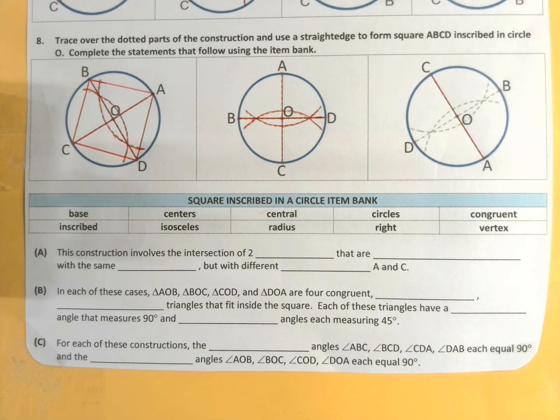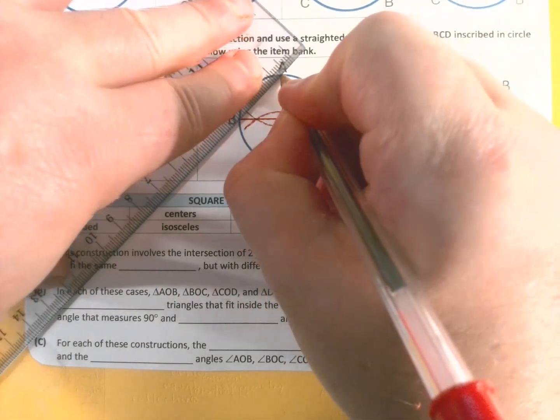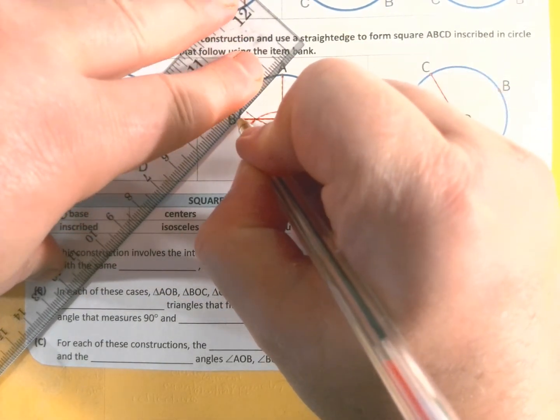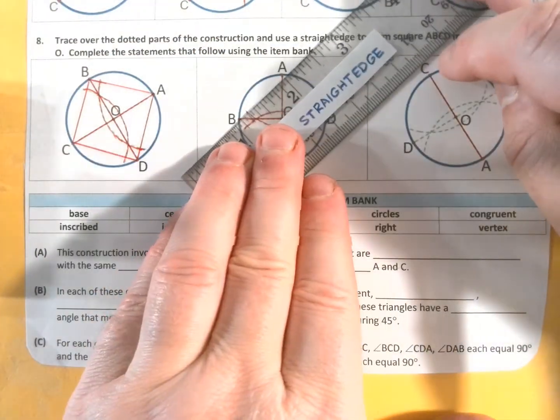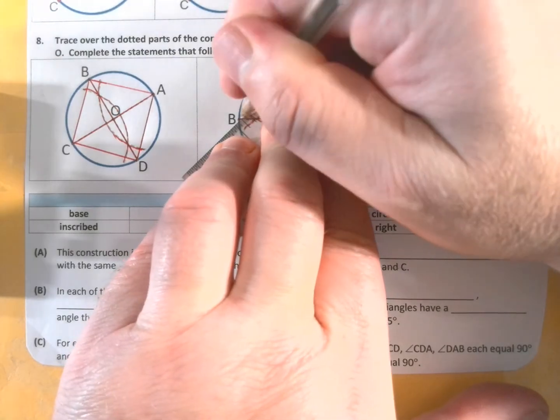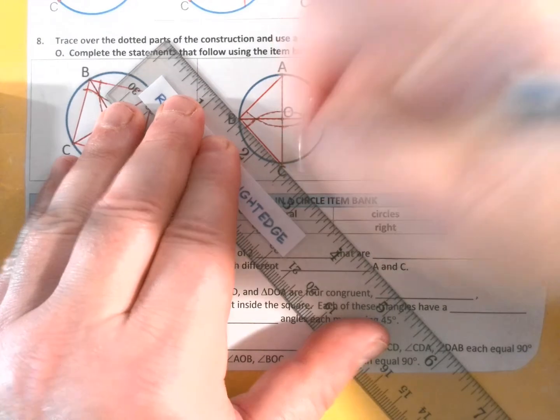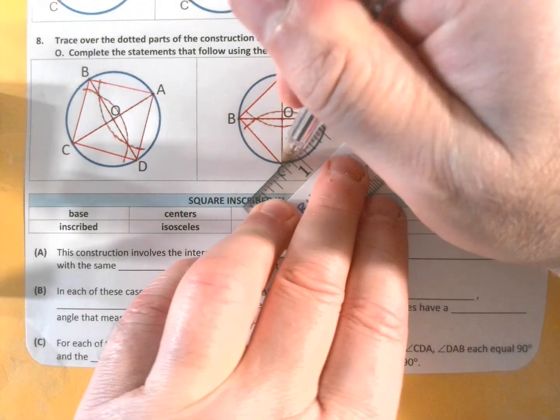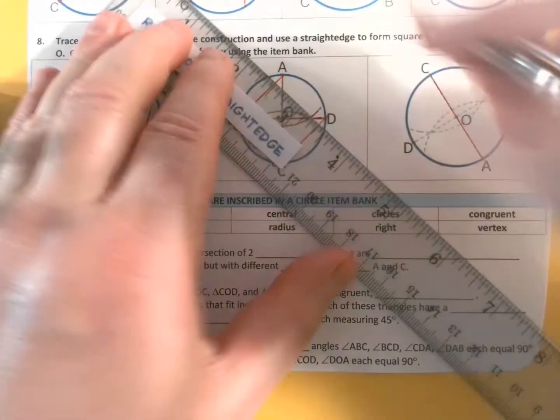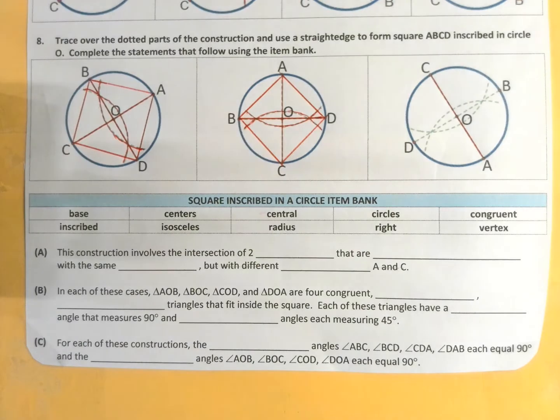Now we connect A to B. Okay, so we go A to B, and then B to C. Then C to D. And then finally D to A. And then we just formed our square inscribed in a circle.